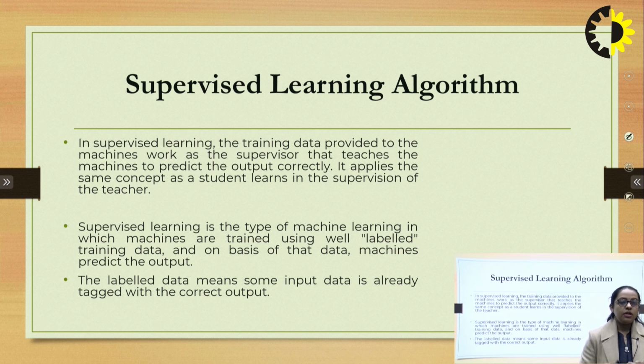Here, the teacher is the supervisor, and the problem and its solution, which is already provided by the teacher, act as the training data set. For example, the teacher has provided each and every student with a question bank, and each question bank has a set of questions with their respective correct output, in order to prepare that student to have proficiency in that particular topic or subject.